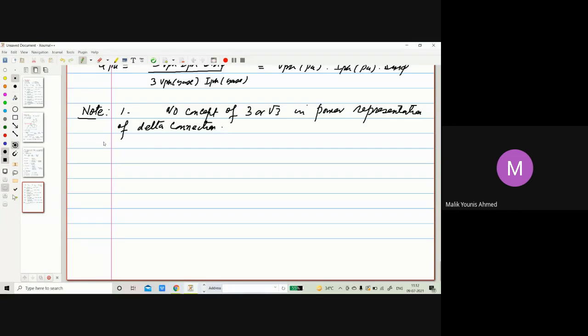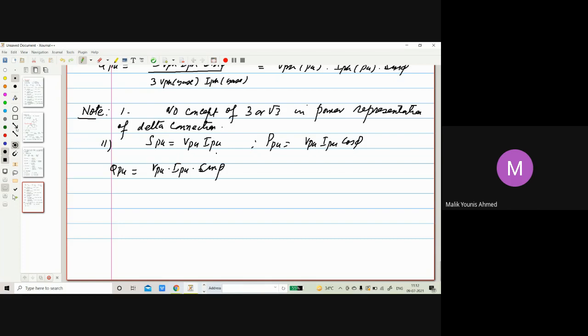Second, apparent power in the per unit will be V PU into I PU, very simple. Real power in the per unit will be V PU I PU cos of phi. Similarly, reactive power in the per unit will be V PU into I PU into sine of phi.